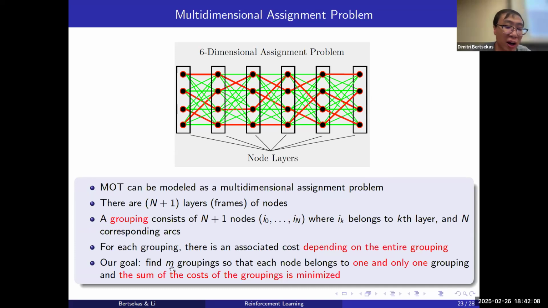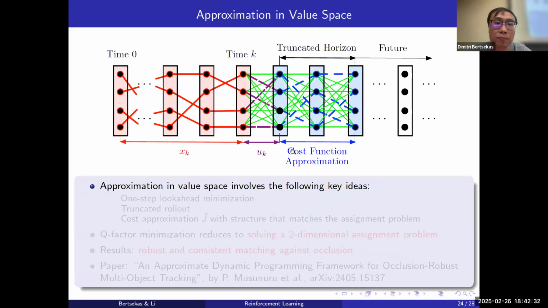Our goal is to find M groupings so that each node belongs to one and only one grouping, and the sum of the costs of the groupings is minimized. In a way, we want to find the matching to make all the objects in different frames look similar, or to be the right one, as judged by the ground truth.